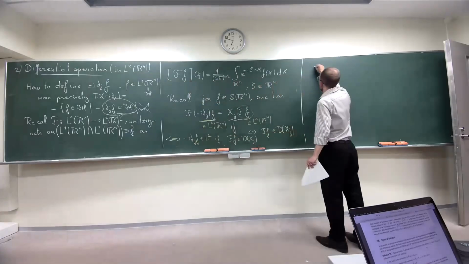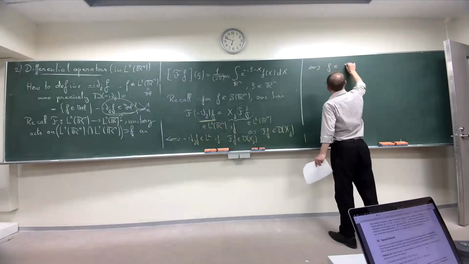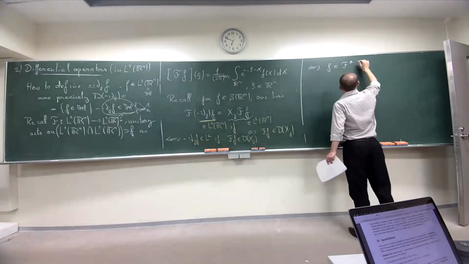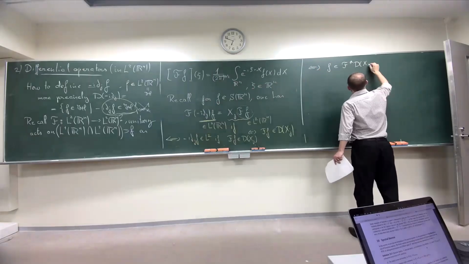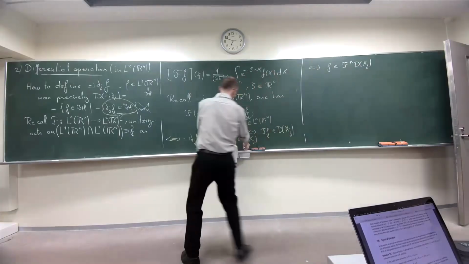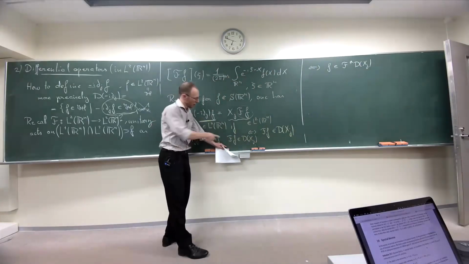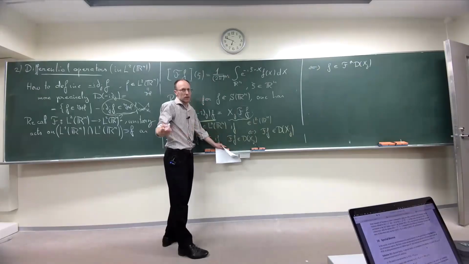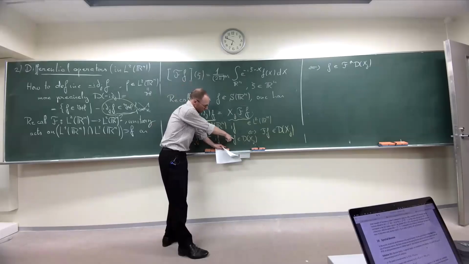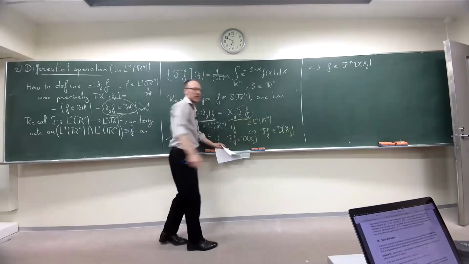Okay, so let's say this is in L2 if the Fourier transform of f is in the domain of Xj, but look, this last condition is equivalent to f being in F star of the domain of Xj. Just take this equality and multiply by F star, the adjoint. It's going to give you F star F, which is just the identity, since it's unitary. So f is in F star of the domain of Xj.